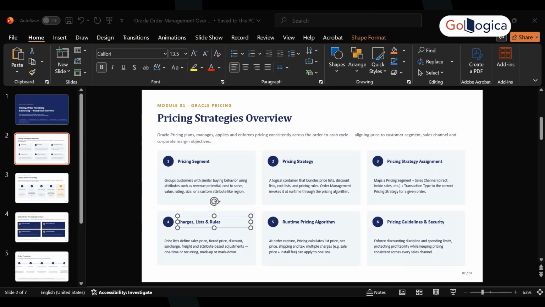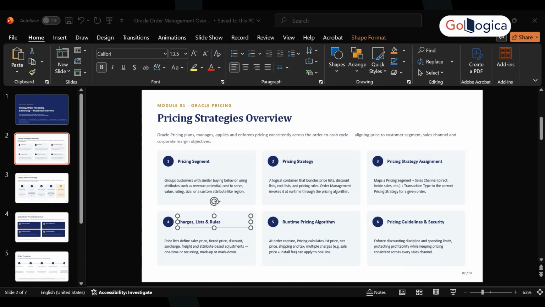Once the pricing strategies are created, Oracle must determine which strategy should be applied to a particular order. This is achieved through the pricing strategy assignments. A pricing strategy assignment maps three important business parameters: pricing segment, sales channel, and transaction type. The combination of these parameters defines which pricing strategy Oracle should invoke during order processing.